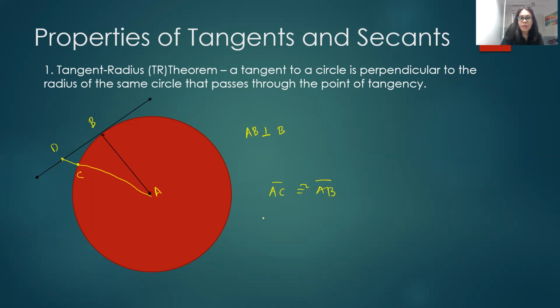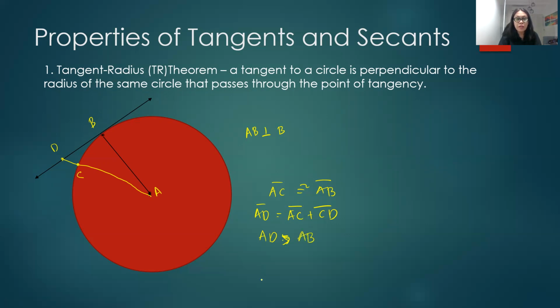So from the addition segment postulate, we can say that AD equals AC plus CD. Okay, so we can say that AD is greater than AB.